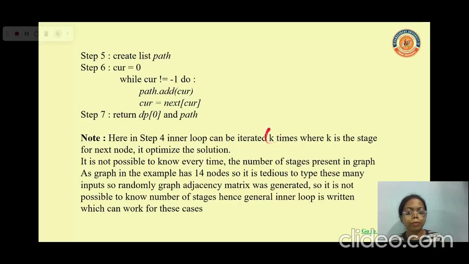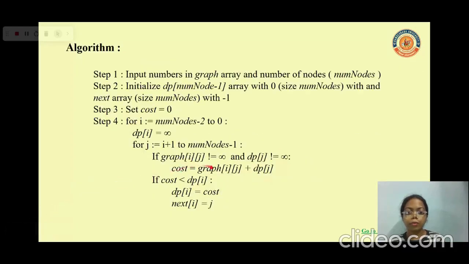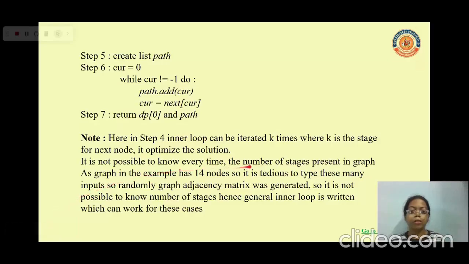I am naming that number k. So instead of traveling to num node minus 1, we can actually travel the number of nodes which are in the next stage of the current stage I am standing at. This will optimize my solution.